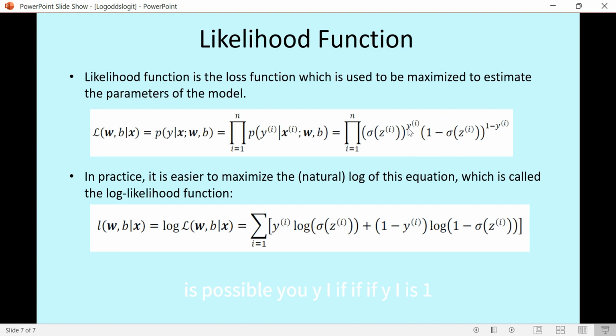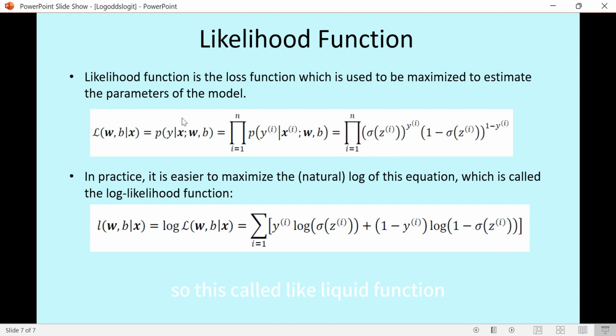If yi is 1, if you observe the positive, this part will be 1, so actually it's sigma Z. But if yi is 0, or negative, not a cancer, this part is 0 and the other is 1. So one part is 1, multiplied by the other part, which is the probability, either the positive or negative probability. It's quite simple: we just multiply all this information from all the samples.